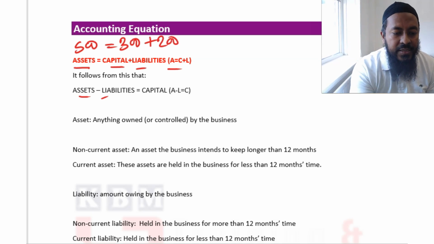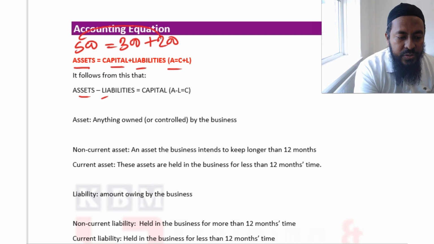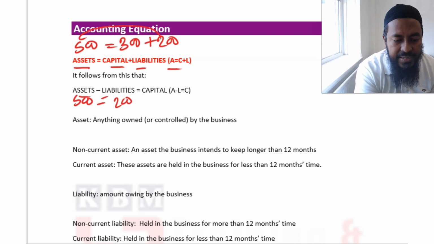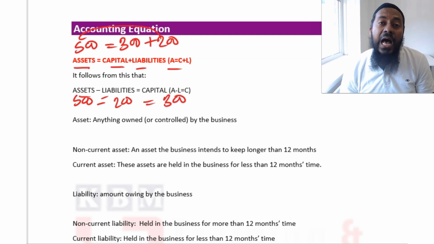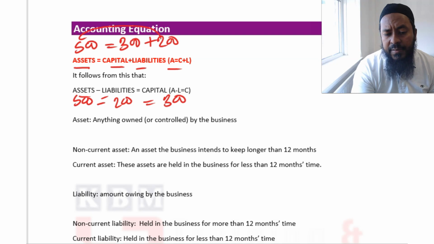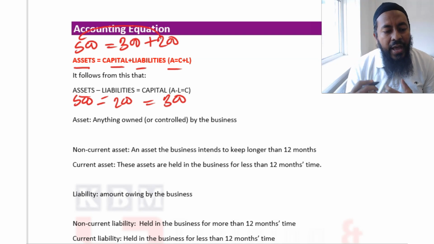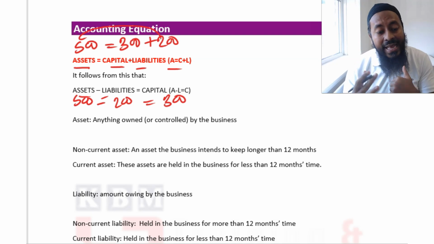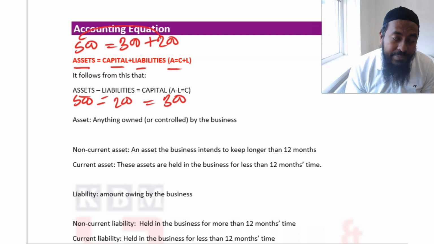So that makes 500, right? Also, you can play around like this: 500 minus liability of 200, isn't it? Your capital is 300. Yes, that's how you do it: assets equals capital plus liability, or assets minus liability equals capital, or assets minus capital equals liability.